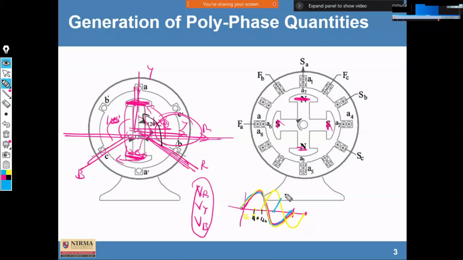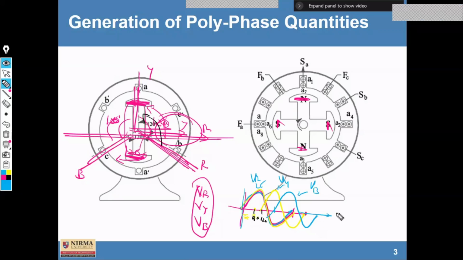So here we can have 3 different waveforms of voltage, VR, VY, and VB, drawn with respect to time t with a phase difference of 120-degree each.